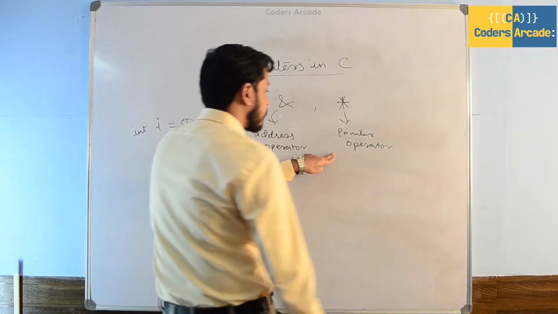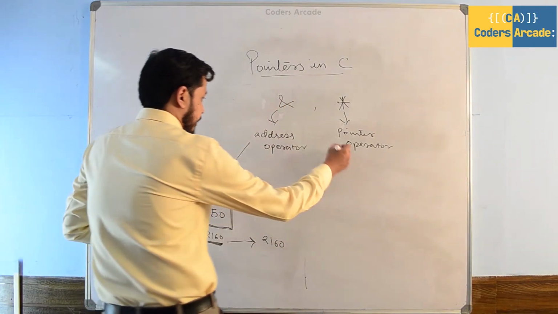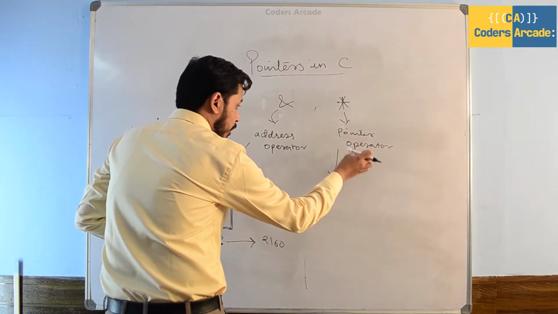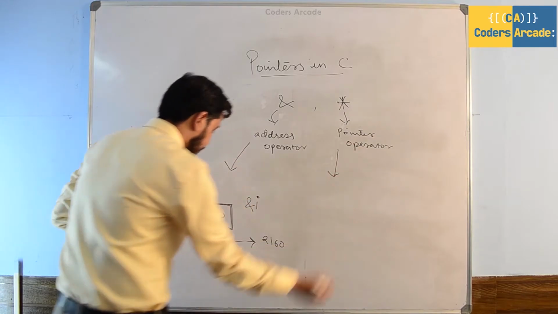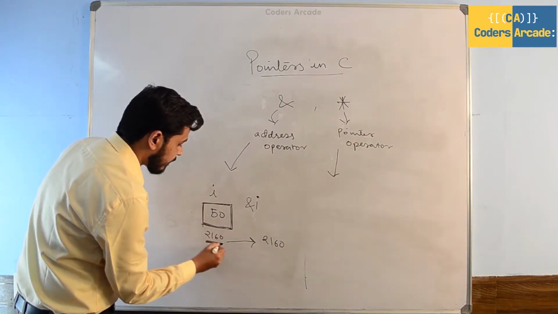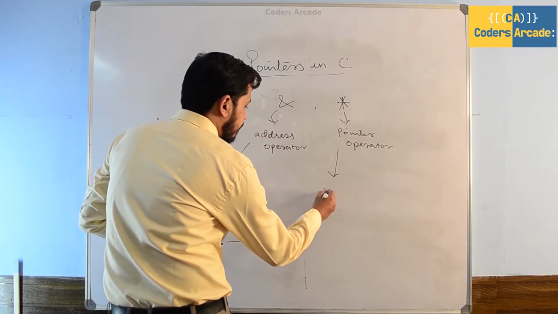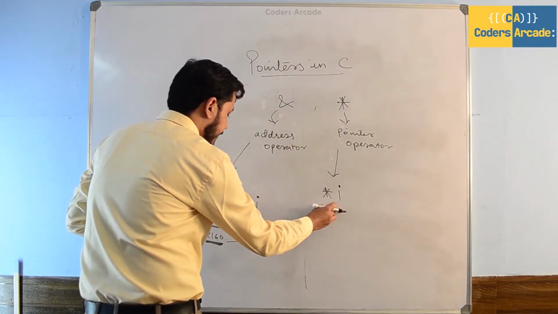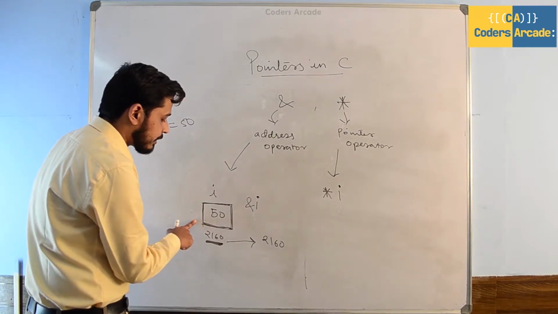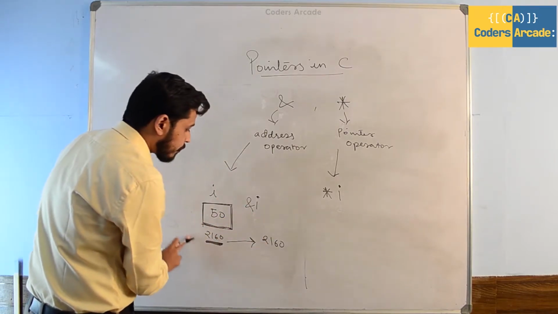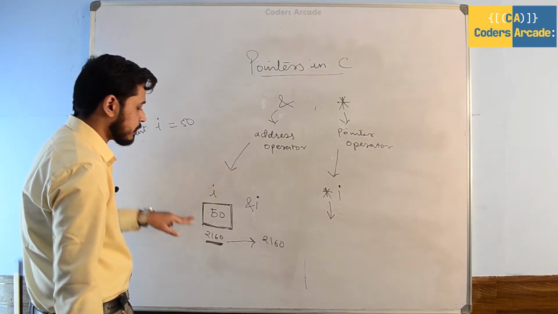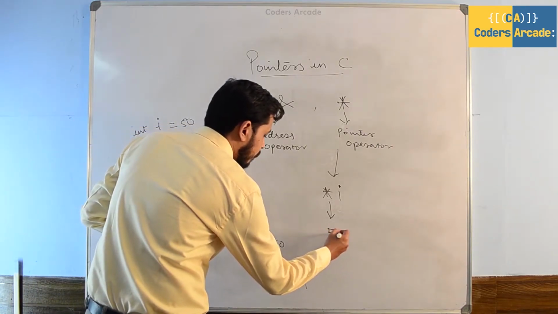But what is the pointer operator? The pointer operator points towards the value at a particular memory address. So if I write star i and print star i, what will happen in this case? From i equals to 50, this is going to return the value 50. Why?